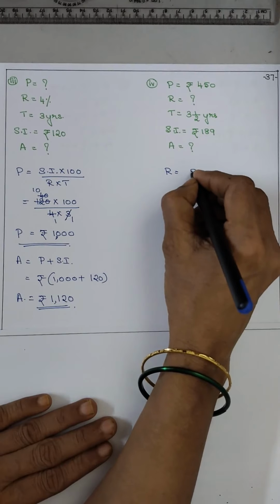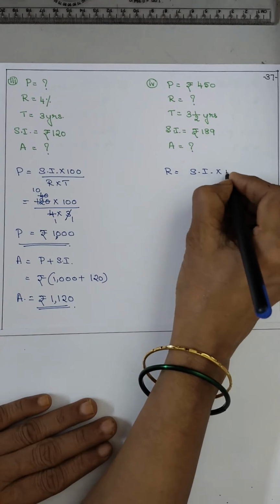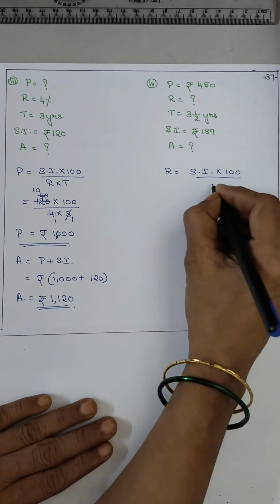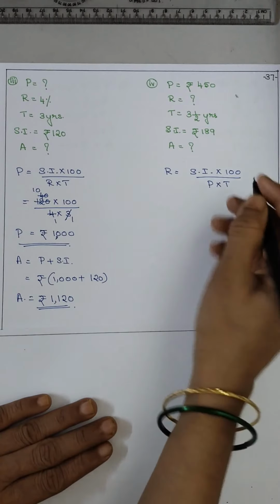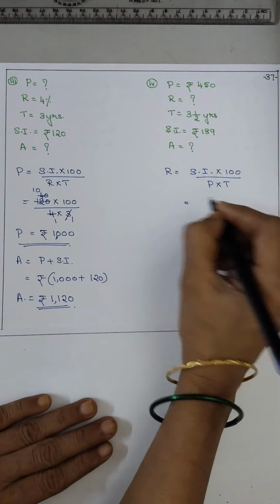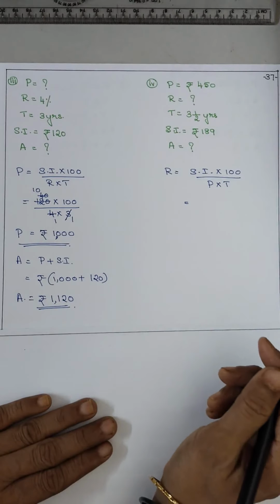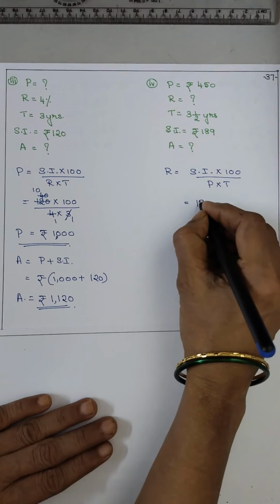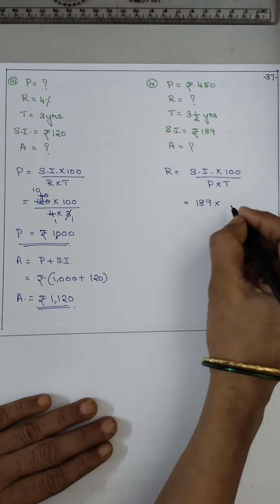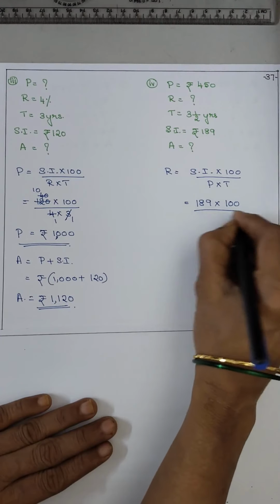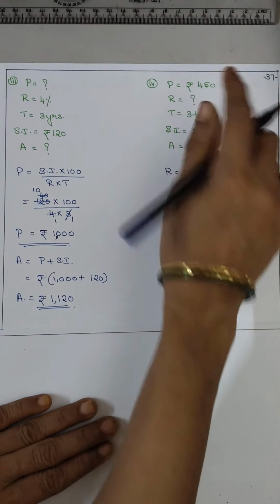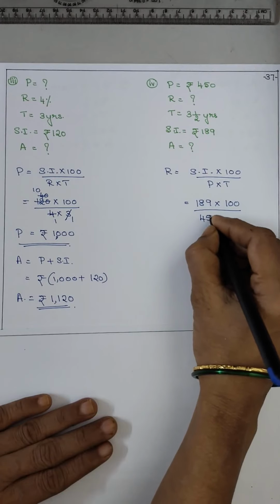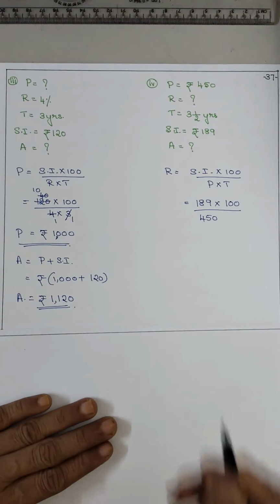R is equal to SI into 100 upon P into T. SI, how much is given? SI is 189. R 100. Principal is 450. Now the time is 3.5.